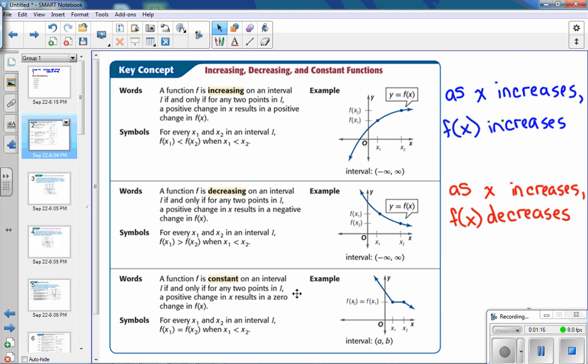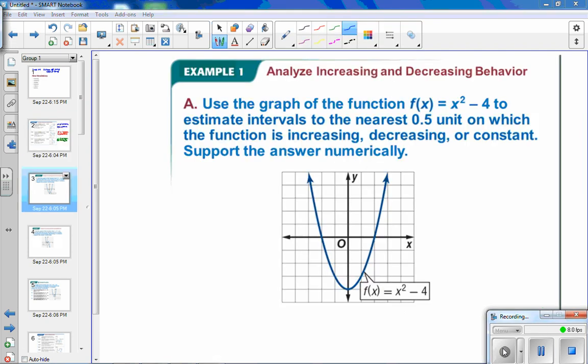And for this last one, it's considered a constant function, at least on an interval, if as x increases, f of x remains the same. And you can see between x sub 1 and x sub 2, in between these two values, x is increasing, but look at the function height, it's remaining the same. So that's what's meant by increasing, decreasing, and constant functions, and how you can tell which is which.